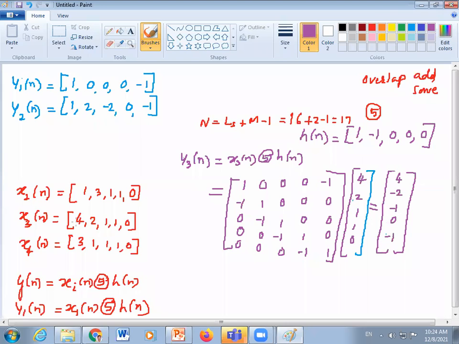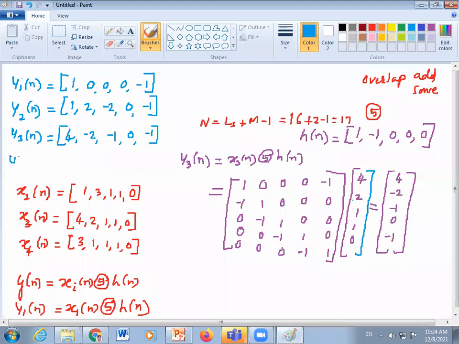Okay. So others, please check whether the answer is right or wrong. y3 of n is equal to 4, -2, -1, 0, -1. Has everyone got this answer? Yes, sir.